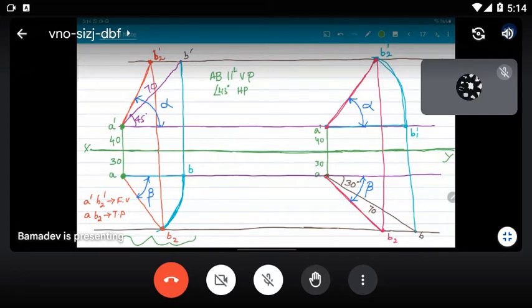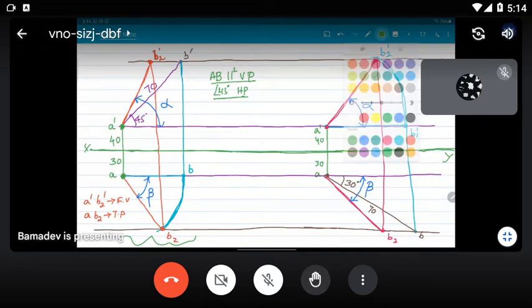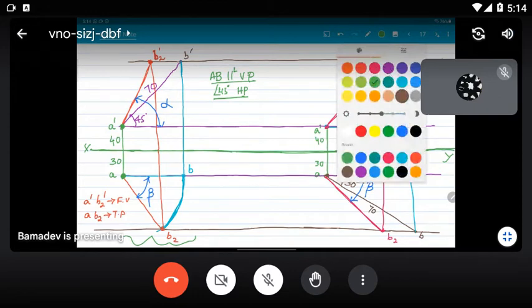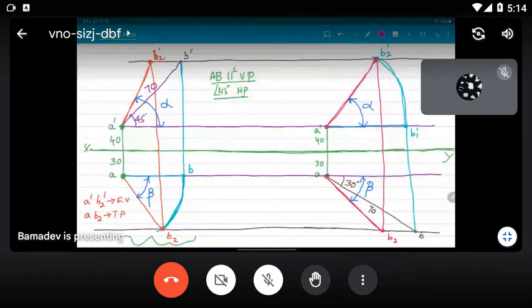Since it is parallel to vertical plane and making 45 degree with horizontal plane, I can draw 45 degree here and extend this line and cut it here by taking a length of 70.